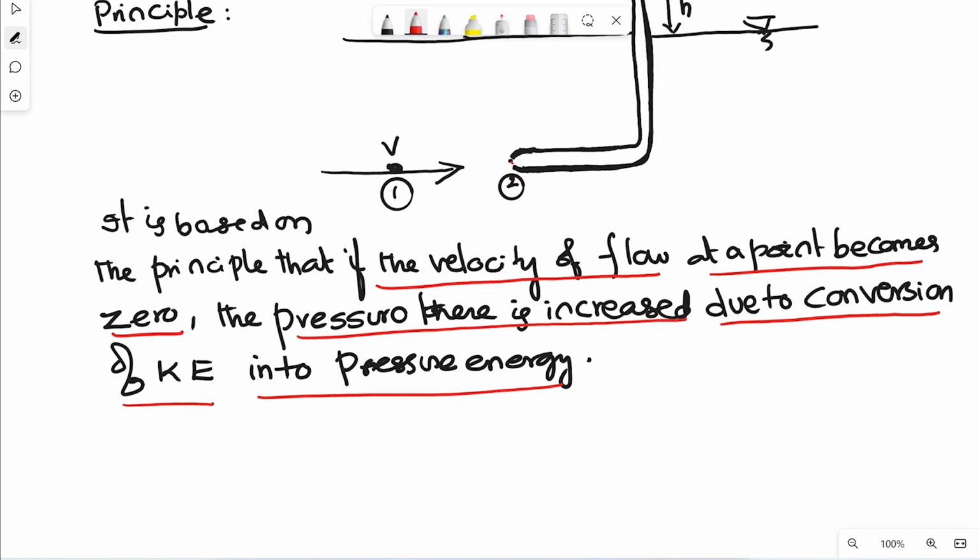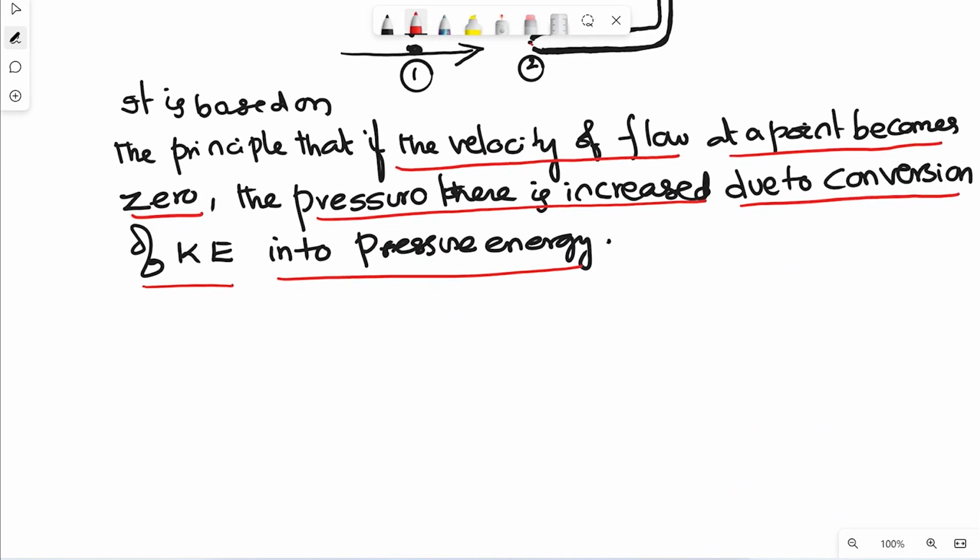The lower end is kept in the fluid. When the flow with a velocity v comes to the Pitot tube, the flow velocity becomes zero, and the pressure there is increased, the kinetic energy is converted into pressure energy. That is the principle.